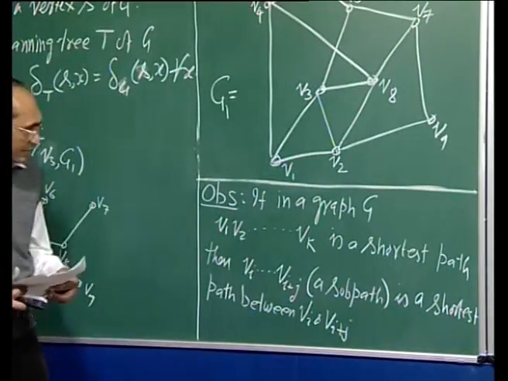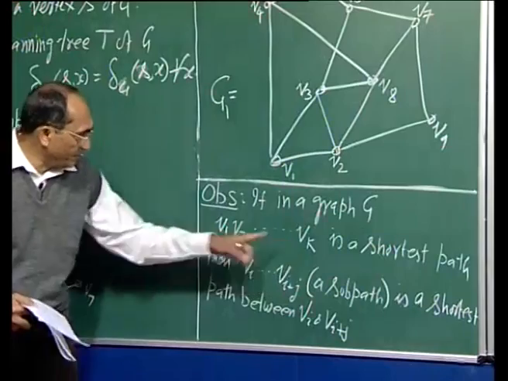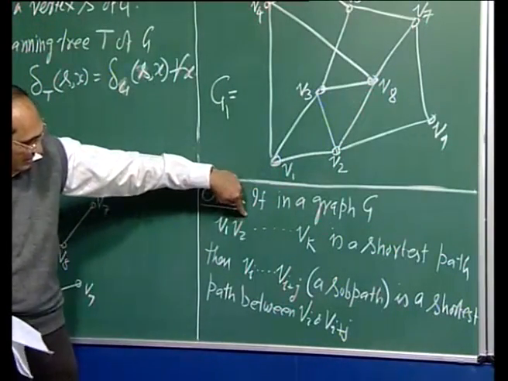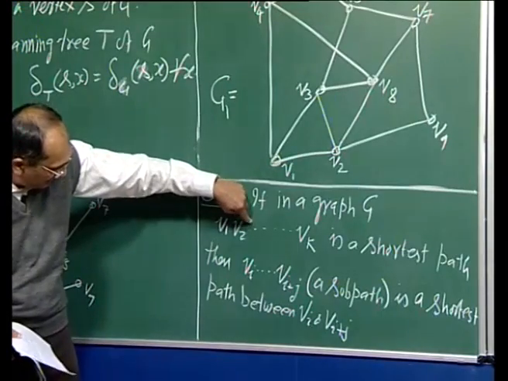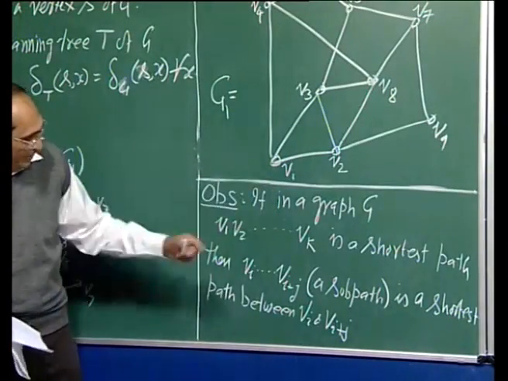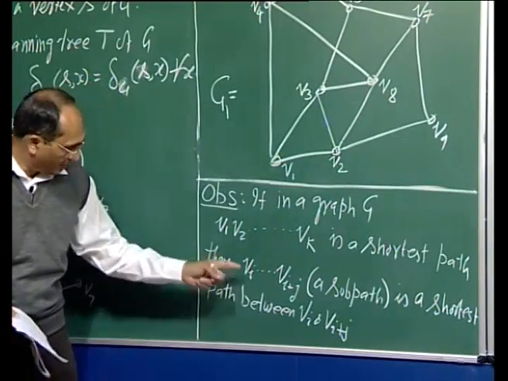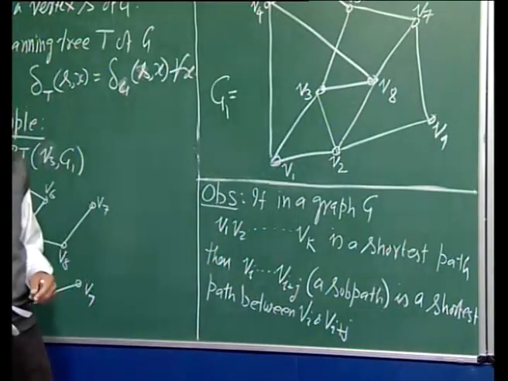What we are saying is, if this is the shortest path between V1 and Vk, then you pick any segment of it, say from position i to position i plus j, that segment also is the shortest path in the graph between those two respective vertices.